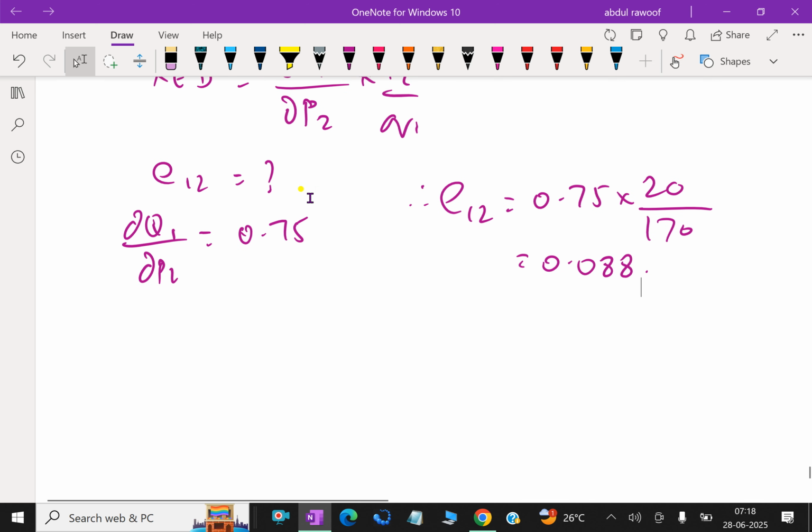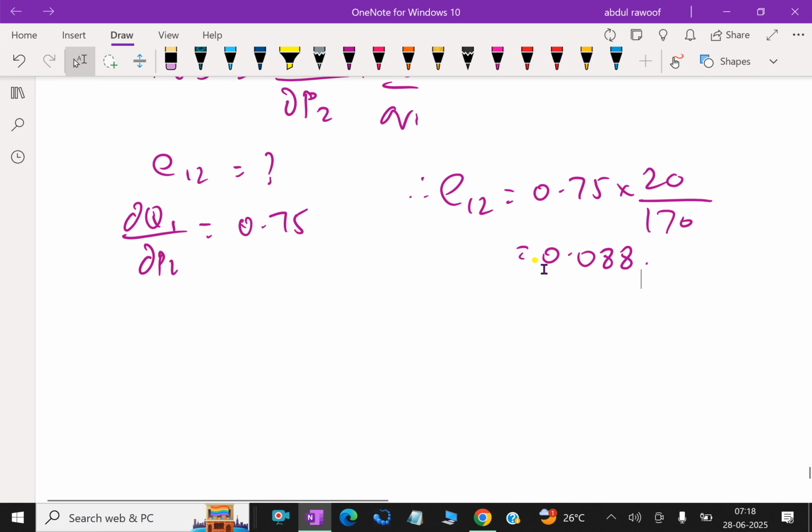Therefore, goods 1 and 2 are substitutes. It's less than 1, and it's positive. So goods 1 and 2 are substitutes.